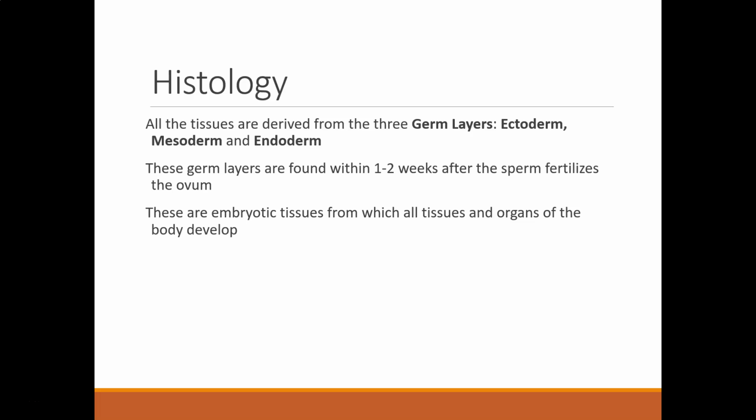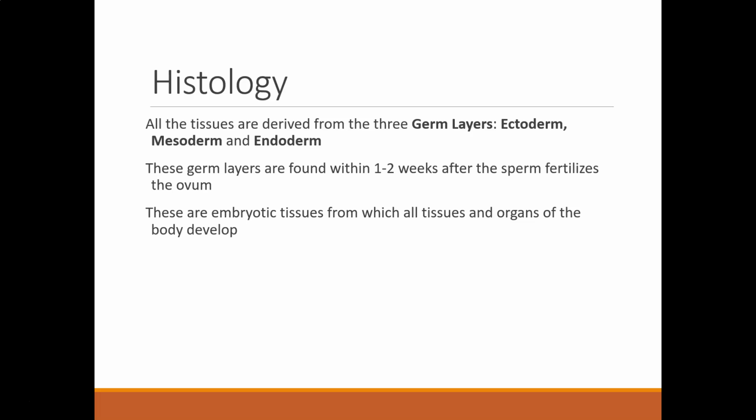Within the context of the 3 germ layers, they're considered to be embryonic tissues because they're being developed while cellular division is occurring. So they're the embryo, obviously; the fetus is later on. It's the maturation of the structures that come out of these germ layers. But these are in the early days.